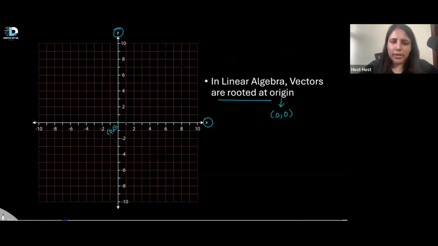So in linear algebra, you will always see vectors which are rooted at the origin. If I have to draw a vector, for example, (1, 2), it means that the x-axis coordinate is 1 and the y-axis coordinate is 2. Right? So this is how we draw a vector.